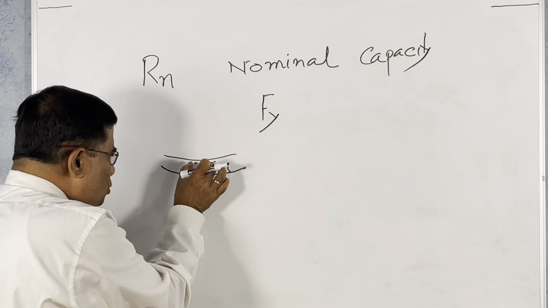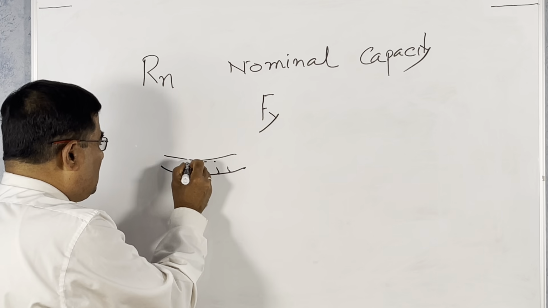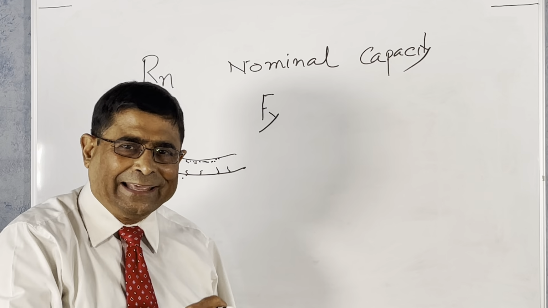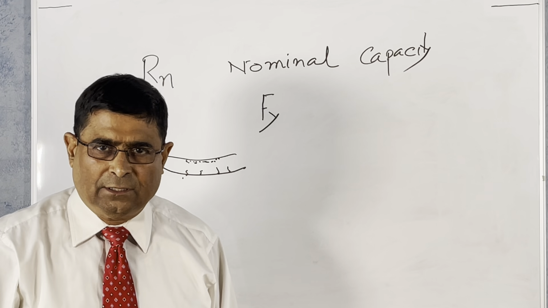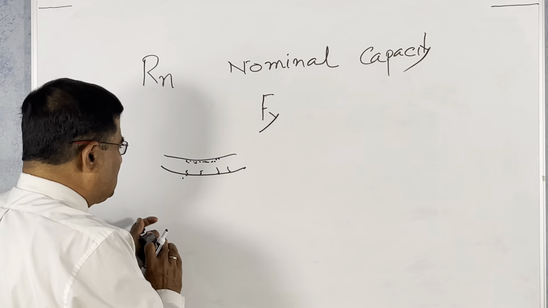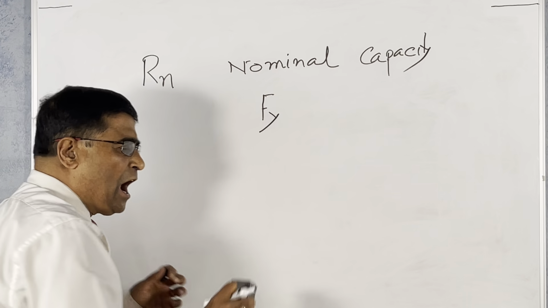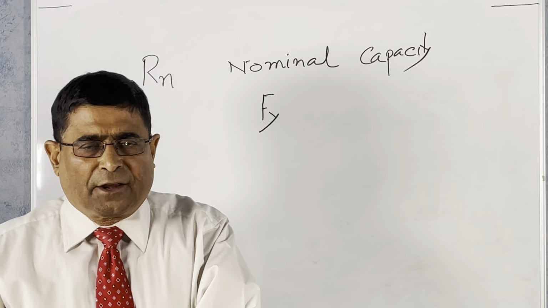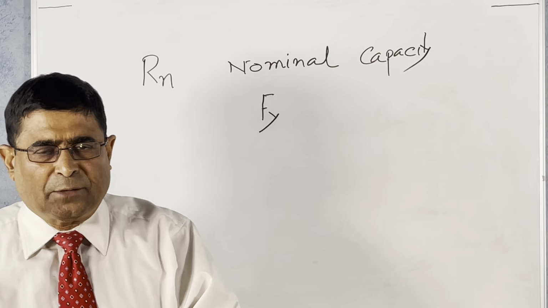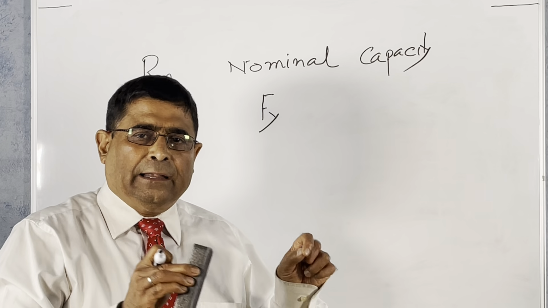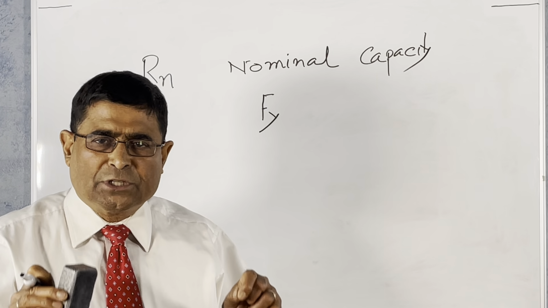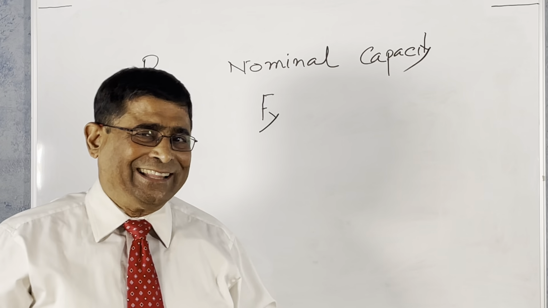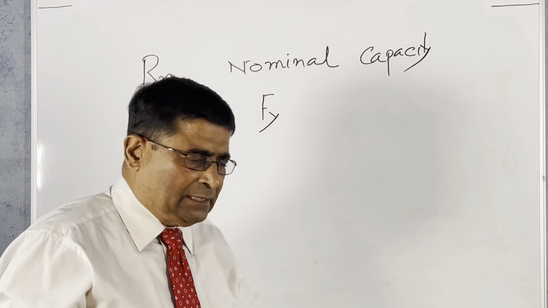If the compression is so much that the failure is sudden, you have no time to get out for safety. That is the reason all reinforced concrete sections are to be designed as under-reinforced. That means you will provide less rebar, reinforcing bar, than is actually required for a balanced section. Okay, that is the meaning.